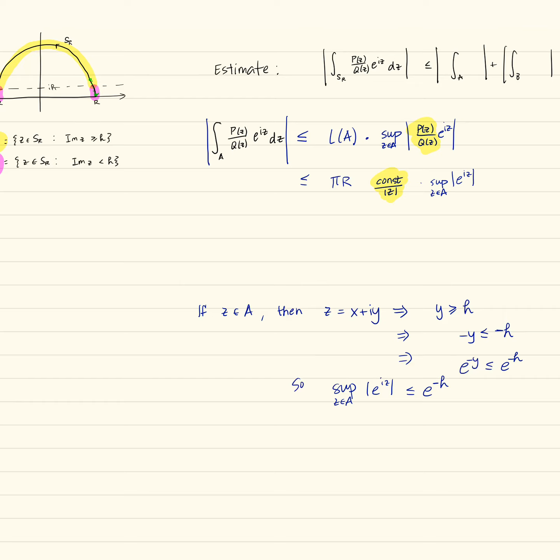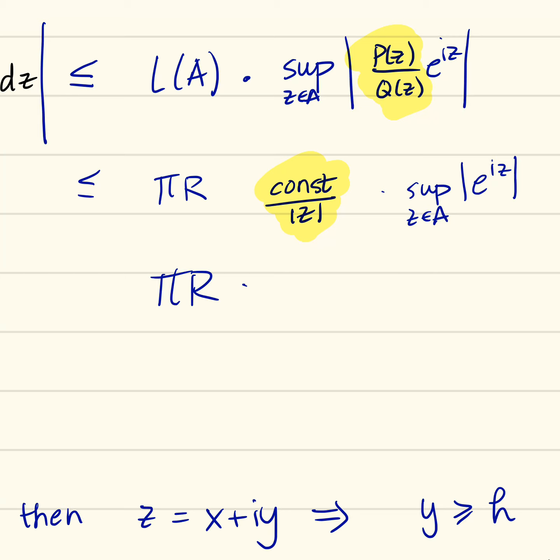So we'll get here pi times r times, now look at this, if z is in A, that means that the modulus of z has to be r, right?